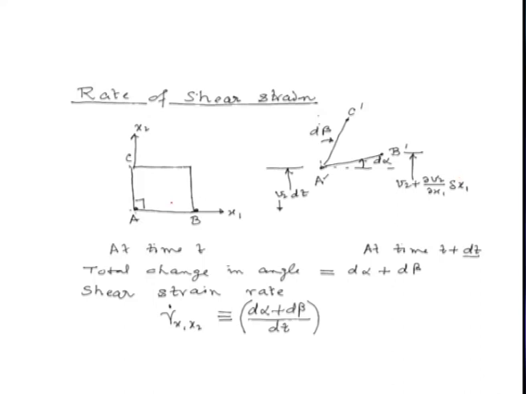This would be the velocity at point B. So, at point B we have got the velocities v1 and v2. The v2 velocity would be given by Taylor series expansion as v2 plus del v2 over del x1 delta x1. So, let us use that velocity, this multiplied by dt.